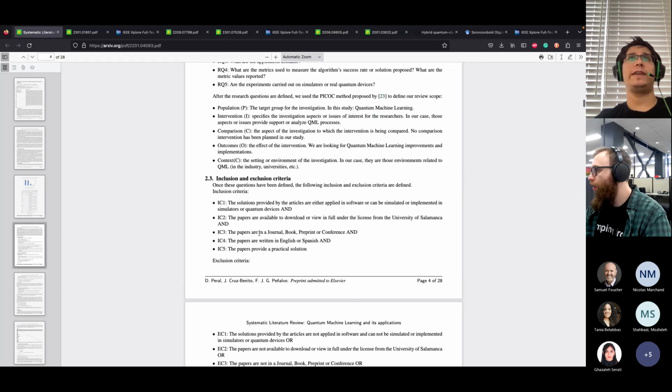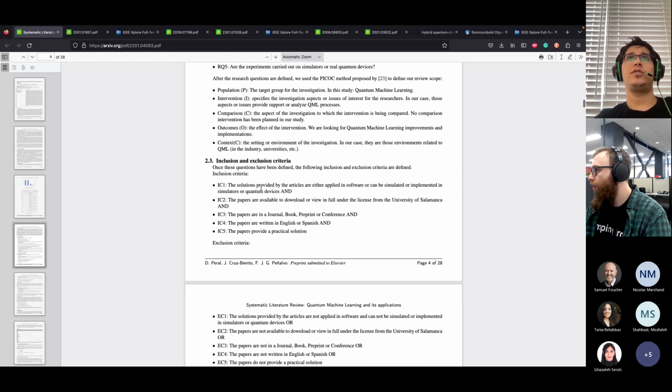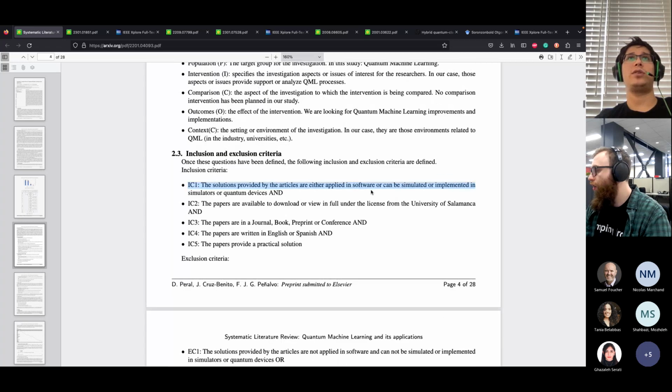Inclusion and exclusion criteria: the solutions provided by the articles are either applied in software or can be simulated or implemented in simulators or quantum devices. This is because there are a lot of papers right now that are completely theoretical. For instance, I think I told you about Shor's algorithm that breaks the RSA encryption from credit cards, but this needs millions of perfect qubits.